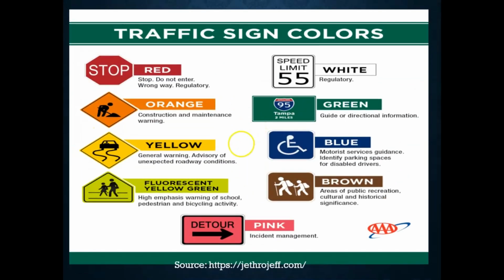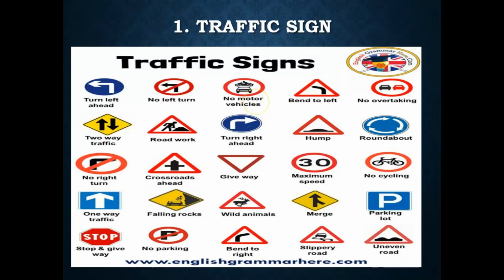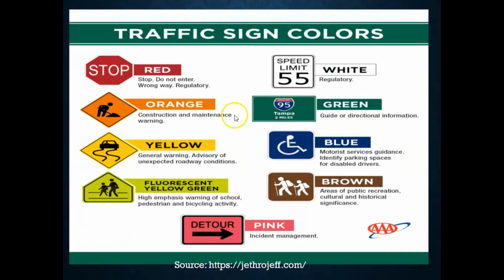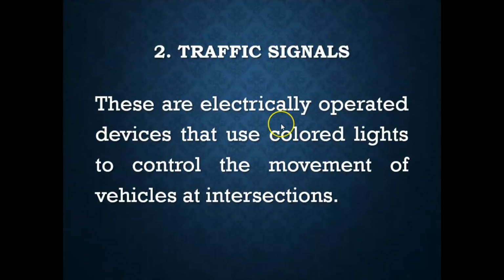For example, when we see any of those traffic signs, they don't change over time. They are static, they are imprinted on a board, and they are kept on the road. They do not change because they are not electrically operated or electronic in nature. But when it comes to traffic signals, they are electrically operated. That means they are electronic in nature.